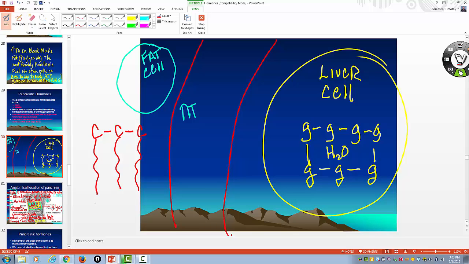And each one of these fatty acids is an even-number carbon chain. So this little symbol here represents triglyceride. This is what it looks like. Where do you store triglyceride? In fat cells. Know this, and you know this.